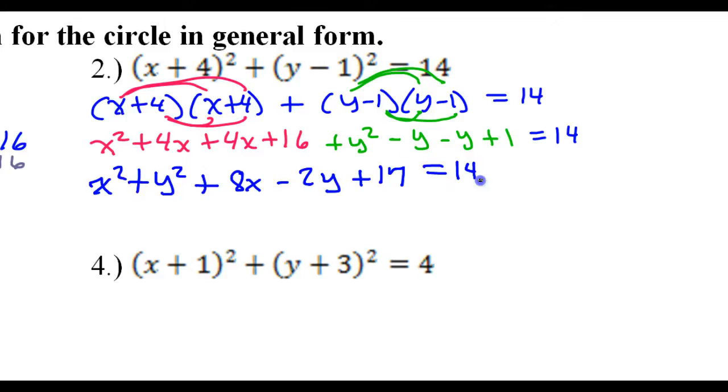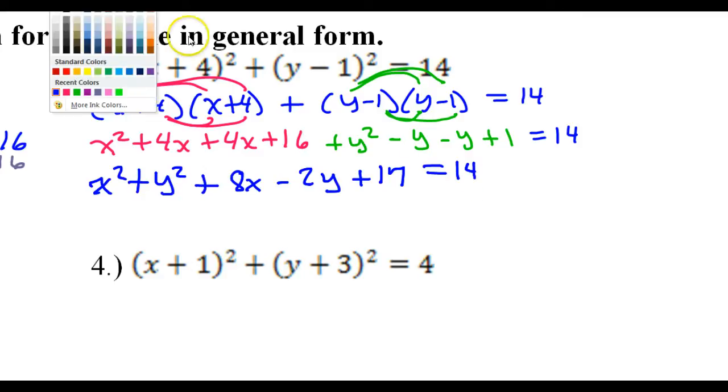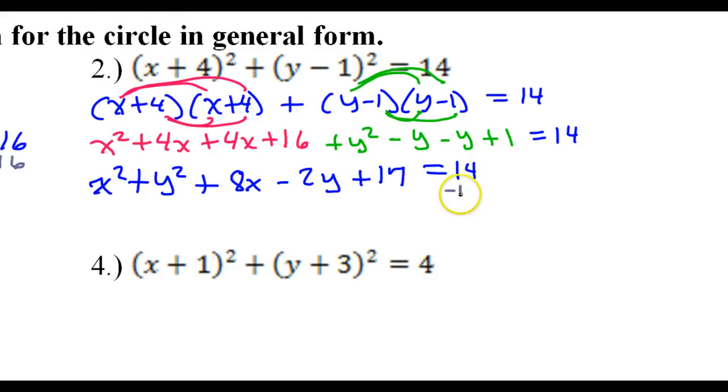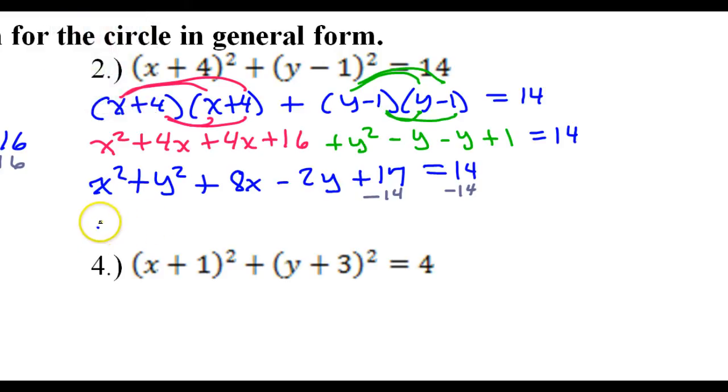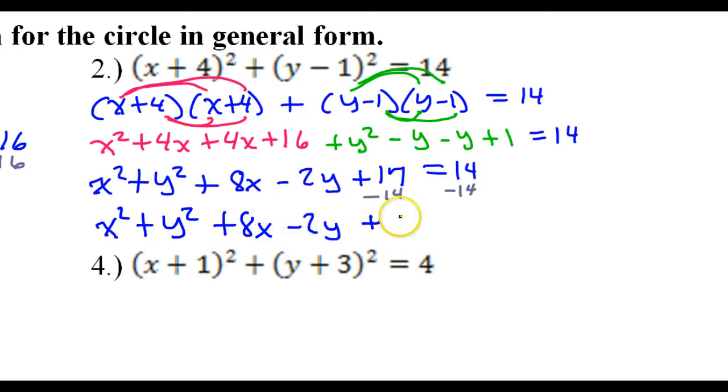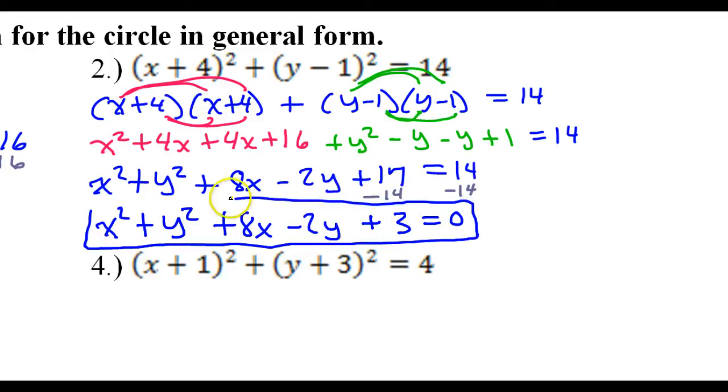All right, so now I just need 0 over here, so I'm just going to subtract 14 from both sides. So that's going to give me x squared plus y squared plus 8x minus 2y plus 3 is equal to 0. And that is the general form equation of the circle.